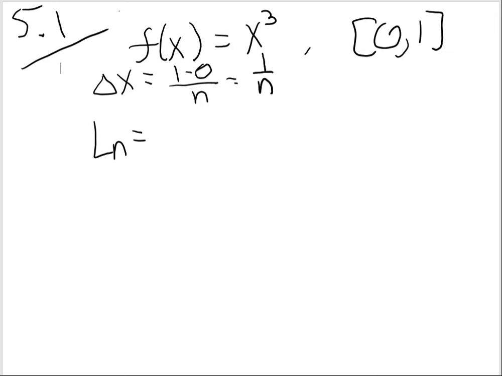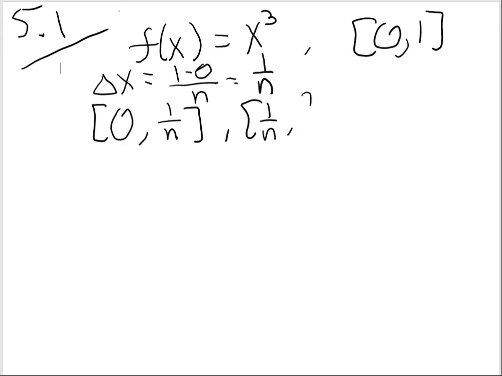Using that, we made our intervals. You would start at 0, and then you would do 0 plus 1 over n, and then 1 over n plus 1 over n gives you 2 over n, etc., until you get to n minus 1 over n, and then n over n, or 1.